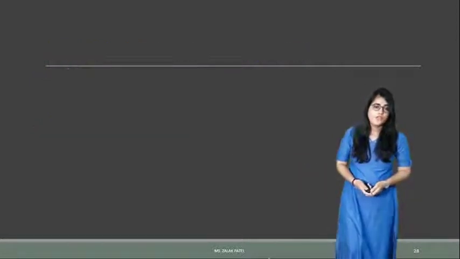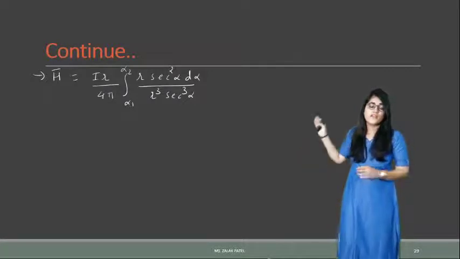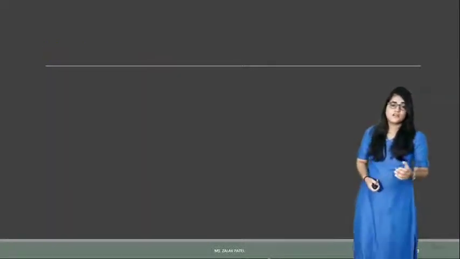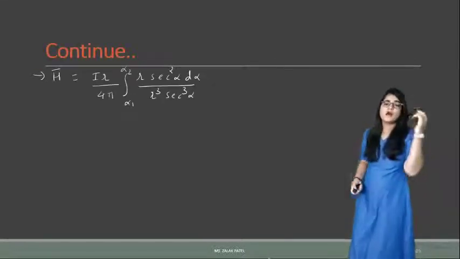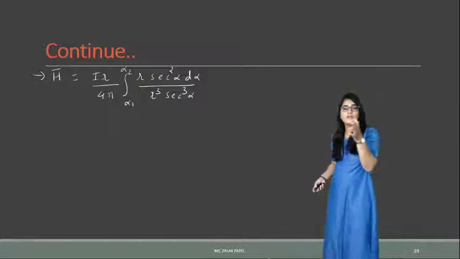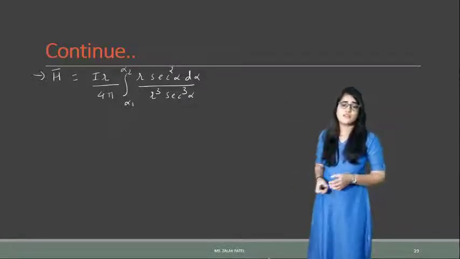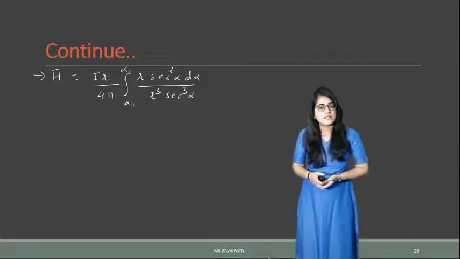Okay. So now, if you change the limit, it will be I r upon 4 pi, integration from alpha 1 to alpha 2. Again, the differential is r sec square alpha d alpha, divided by, again we have to put the values of z equal to r tan alpha. So the denominator will become r cube sec cube alpha. In the last case, it became r cube sec cube theta.